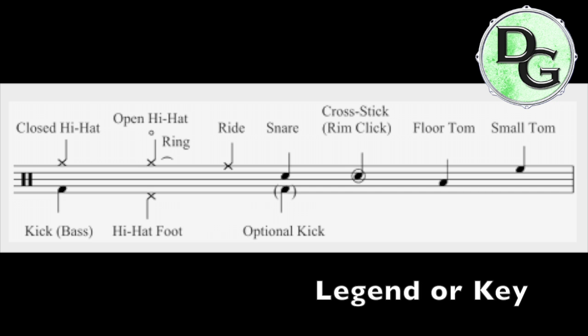Also, most of the time when you see a piece of music, they're going to have what's called a key or a legend that lets you know what each one of those things means in that particular piece of music or in that notation. Unfortunately, percussion and drum notation isn't entirely standardized. I mean, there are some common practices, and I think with some experience, you can figure it out.